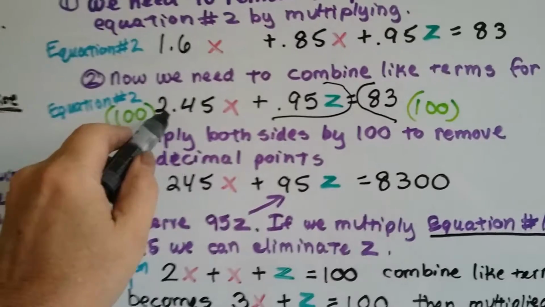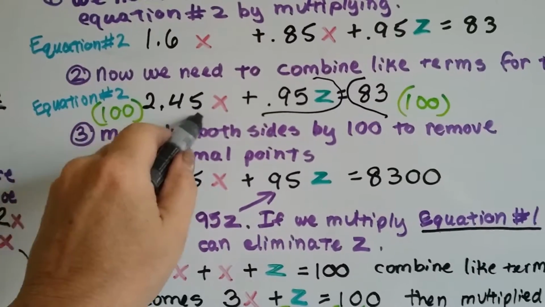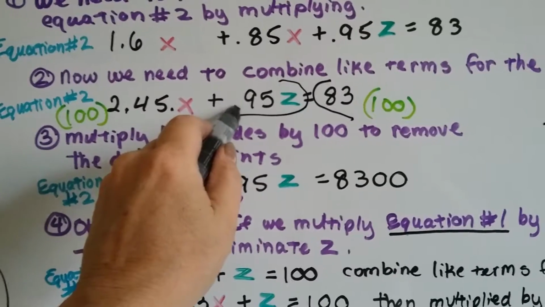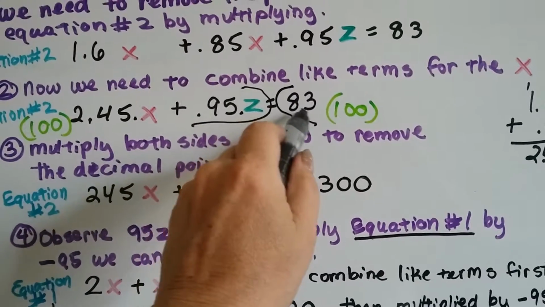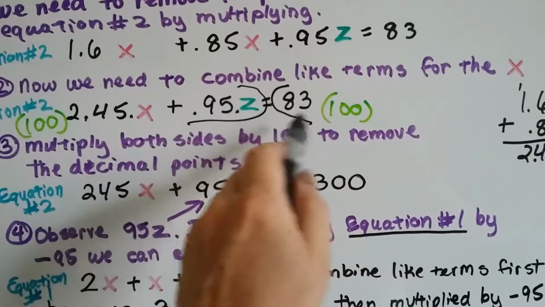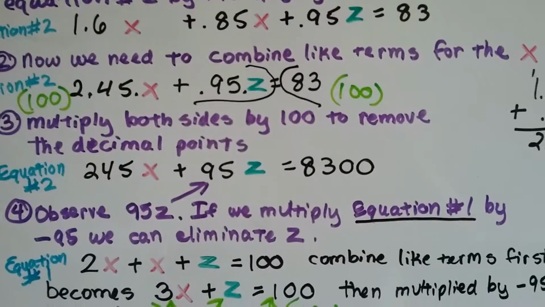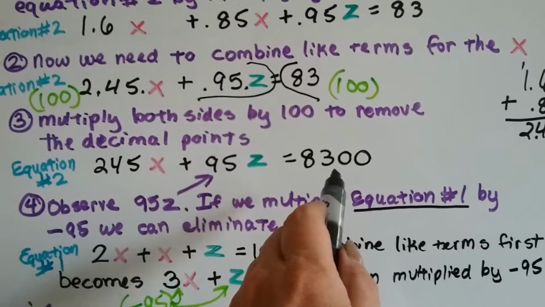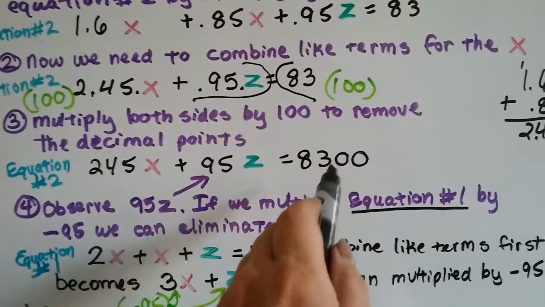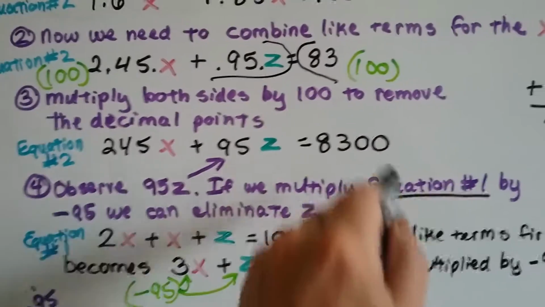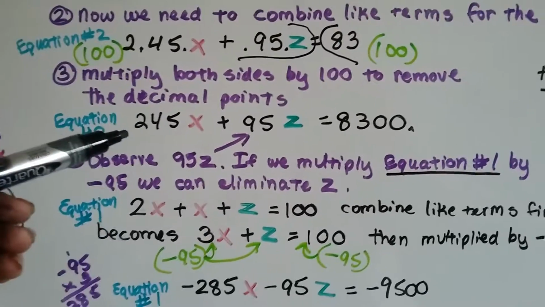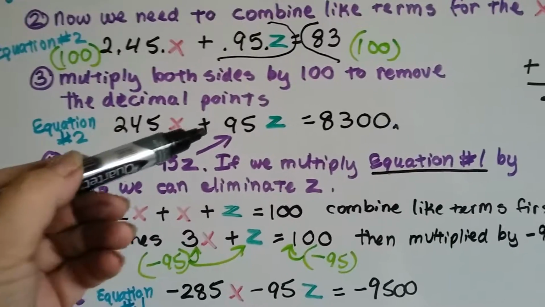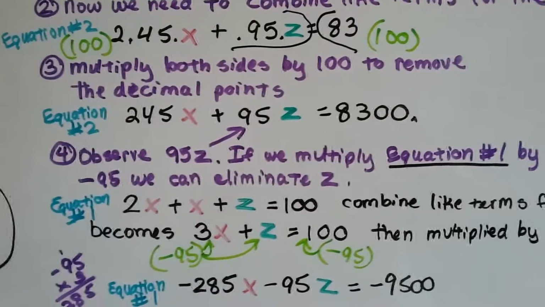And that moves the decimal point from here to behind the 5, and from in front of the 9 to behind the 5. And it wasn't around the 83, was it? So guess what's going to happen? 83 times 100 becomes 8,300. There was no decimal point, so we just added a couple of zeros. So now equation 2 says this: 245x plus 95z equals 8,300.